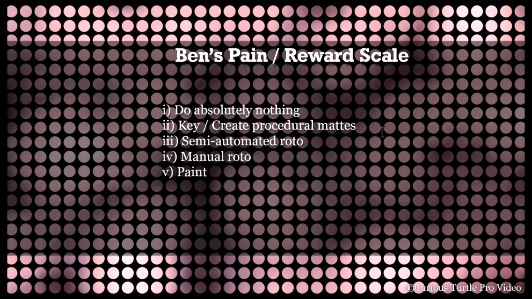The next thing I've got here is semi-automated roto. This is also known as voodoo keyers. They're keyers where you create partial shapes and let the computer sort the rest of it out for you. An example of this is the PowerMat node in Silhouette Effects, or the Roto brush in After Effects CS5 and above.